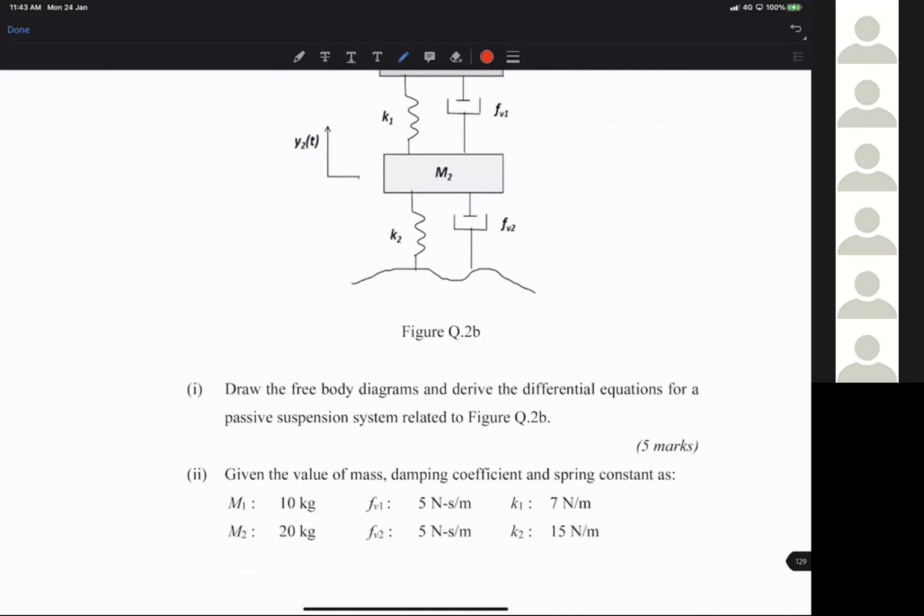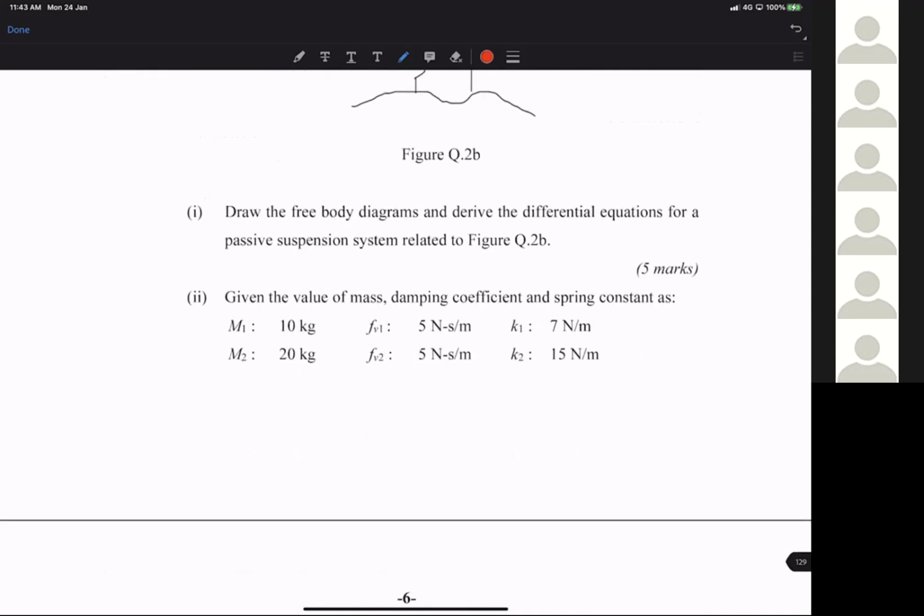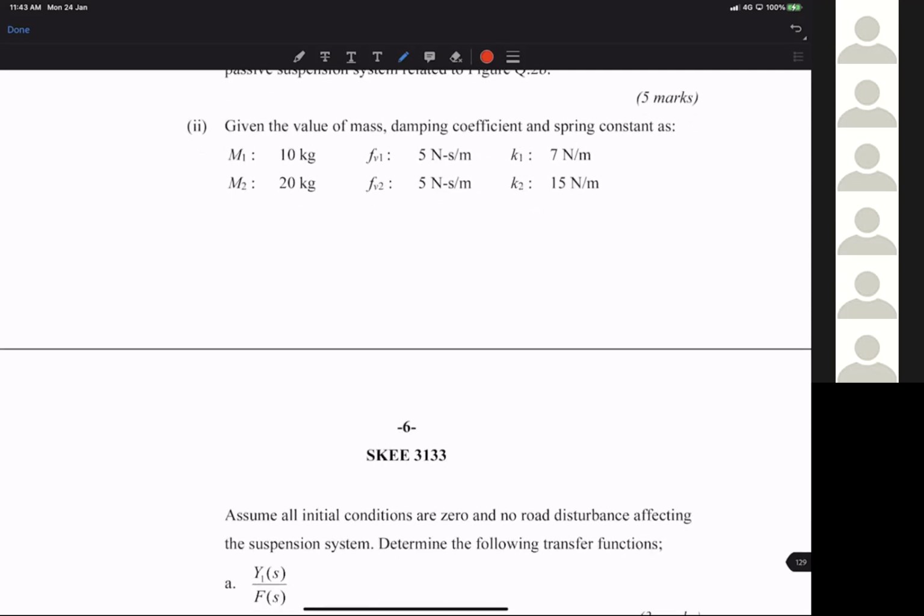Draw the free body diagram and derive the differential equation for a passive suspension system related to figure Q.2b. Given the value of mass, damping coefficient and spring constant as M1 equals 10 kg, FV1 5 Newton per meter per second, K1 7 Newton per meter, M2 20 kg, FV2 5 Newton per meter per second, K2 50 Newton per meter.